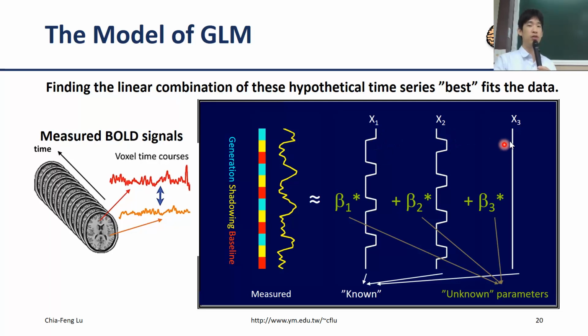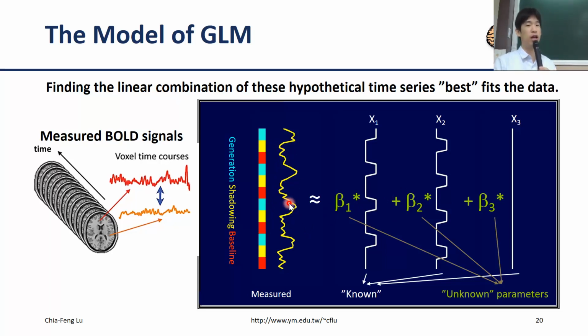So these are already known parameters, or known variables, and this yellow one is the measured signal. What you don't know right now are the parameters for these regressors. What kind of linear combination should be estimated to make the linear combination of all three different variables become pretty similar to this one.